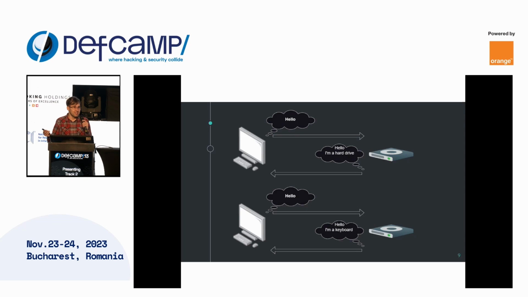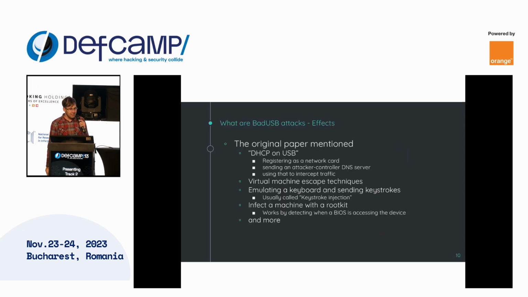Now, how bad can it get? In the original paper and the talk from Black Hat that I mentioned, they showed us multiple attacks that could be implemented by using BadUSB. DHCP on USB was by far my favorite.